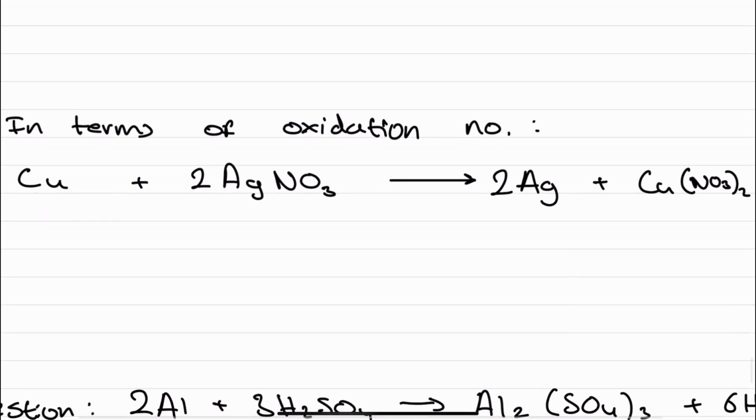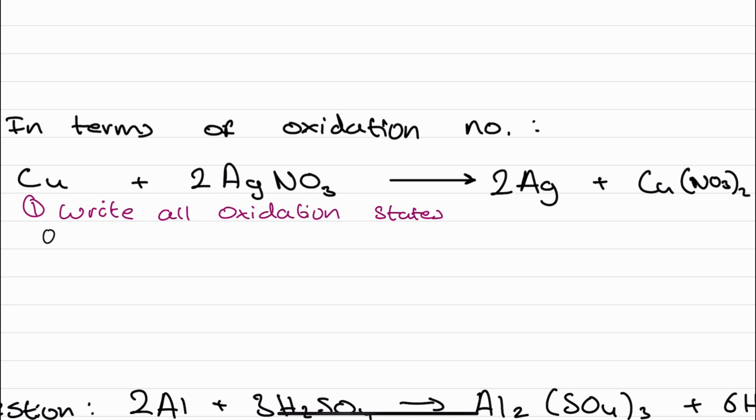To answer a question like this, where it asks you to show oxidation and reduction, we must first write all the oxidation states. So doing so, we have copper as 0 because it's standalone.